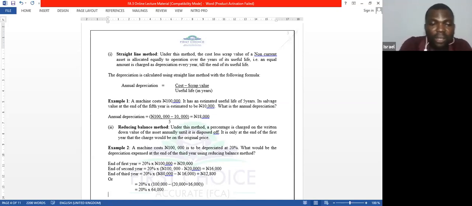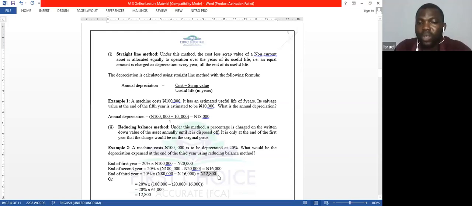Now, if we do 20% of that, 64,000 times 20%, that's 0.2 times 64,000, that gives us 12,800. The same result that we have here.